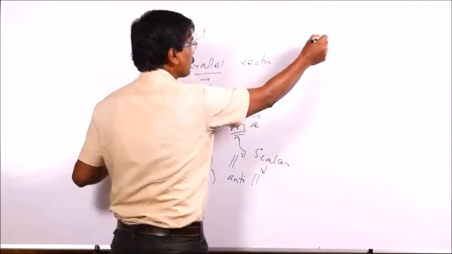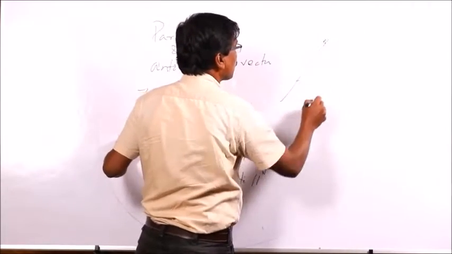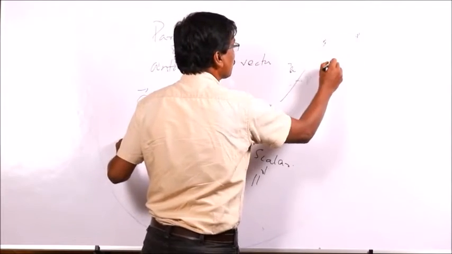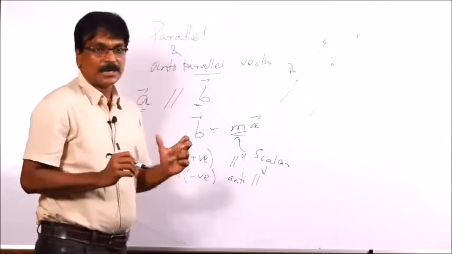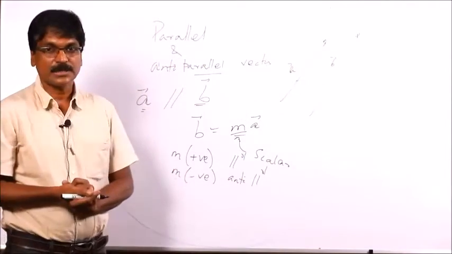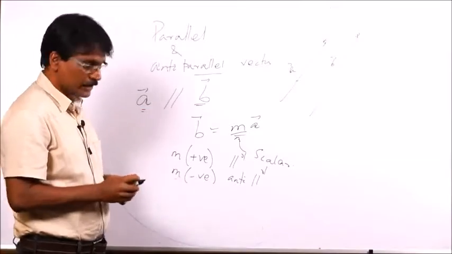That is, if they have the same direction they are parallel, and if they are in opposite directions, they are anti-parallel vectors.